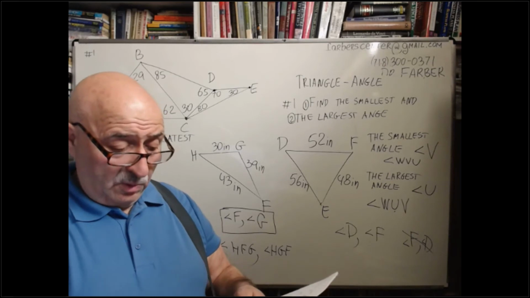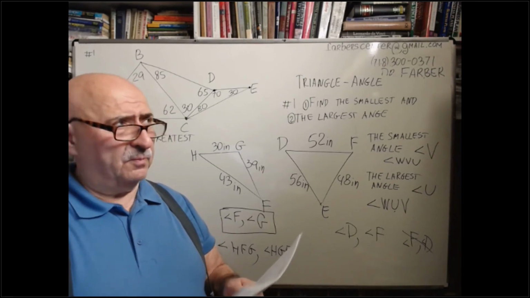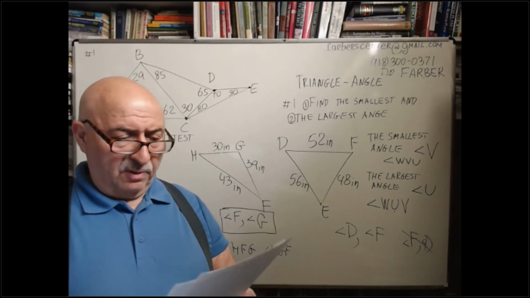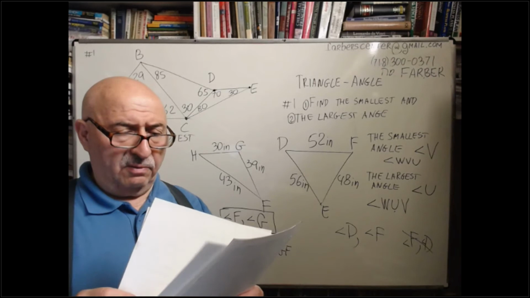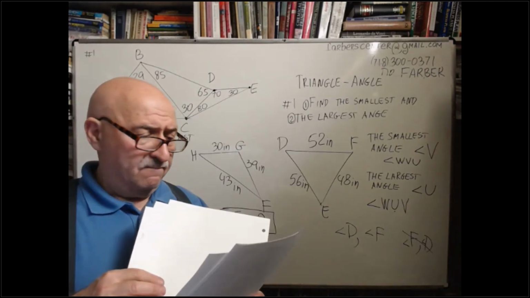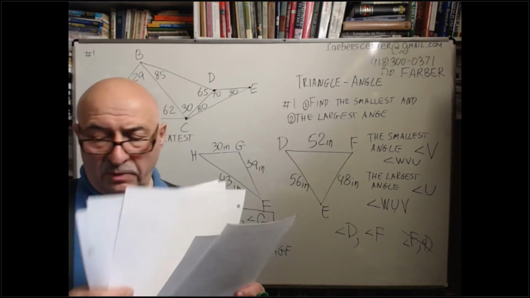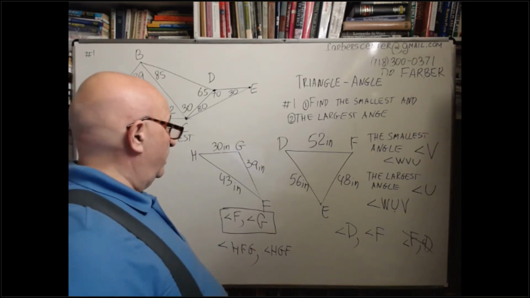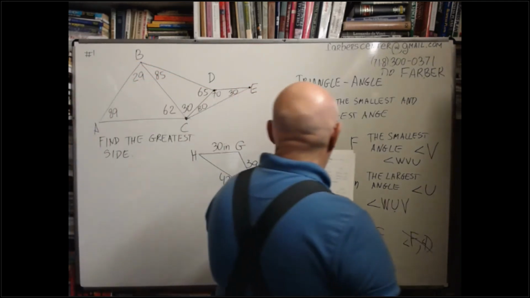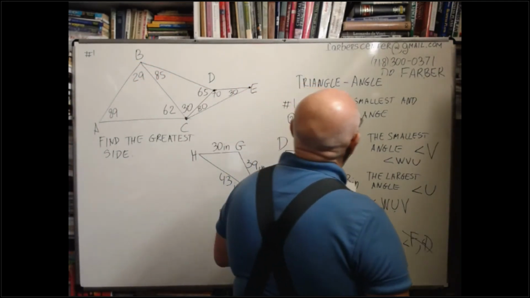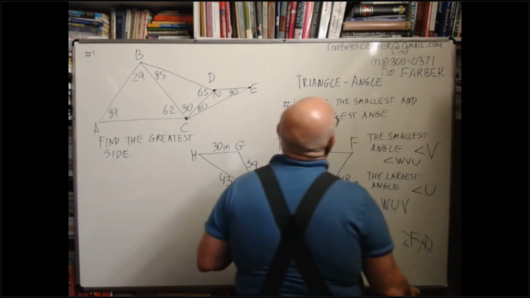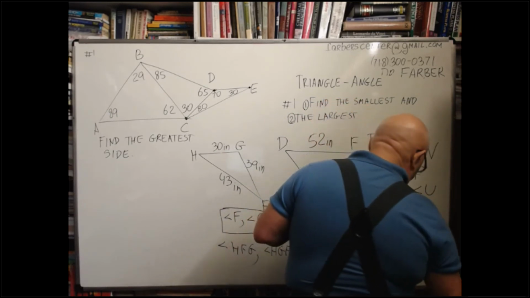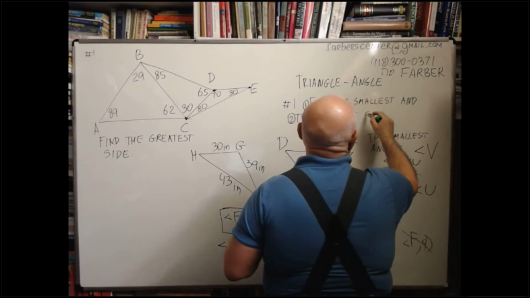Okay. Let me give you some stuff about the angles. I give another example. Okay, you get the idea. Now the second part is find the smallest and the largest sides. I'll do it by myself. Sides.